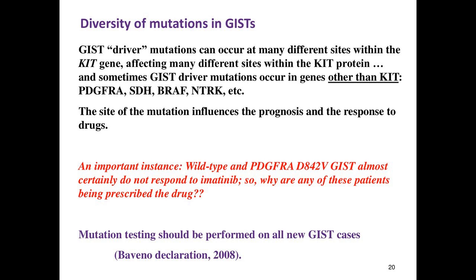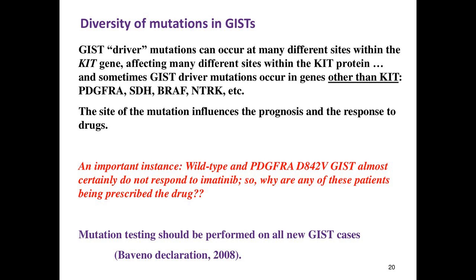All of these mutations occur in GISTs, but we understand biologically that the mutation matters. The site of the mutation has an important influence on the prognosis of the development of the disease and on how the GIST will respond to different drugs.